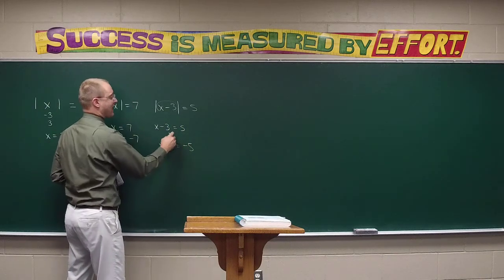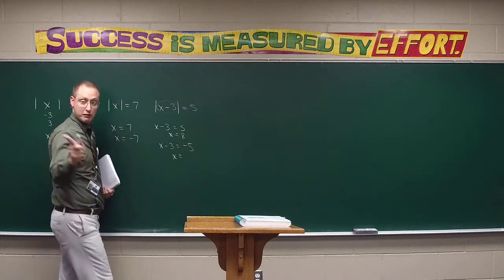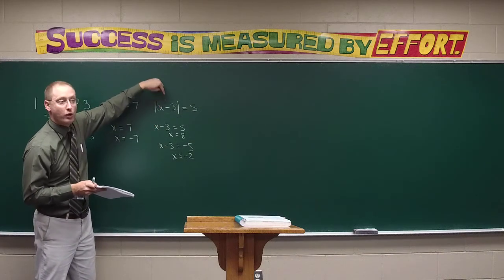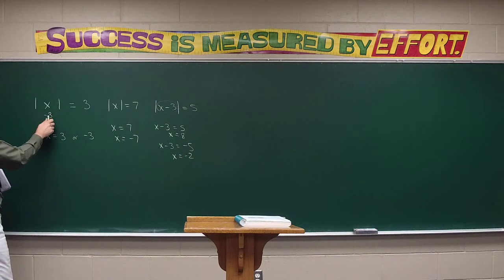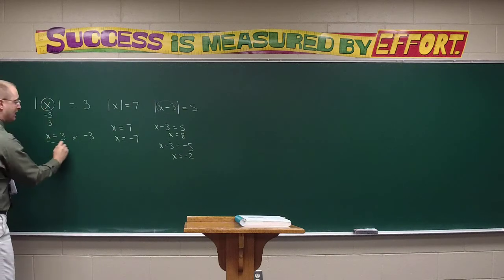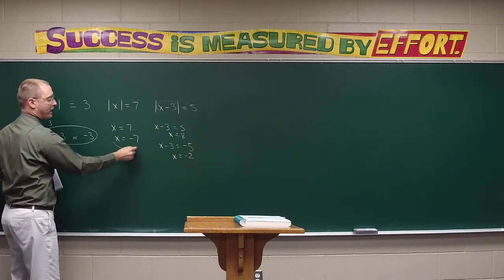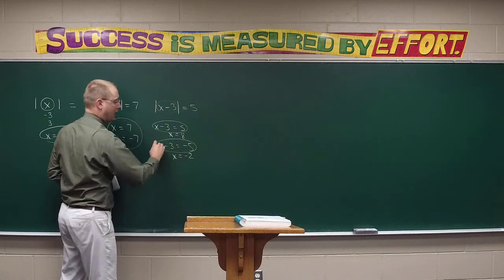Now, obviously, that means x could either be 8 or x could be negative 2. Either an 8 or a negative 2 would give me the 5 or the negative 5. But this is the idea: if you have absolute value, take whatever's inside and set it equal to positive or negative whatever.